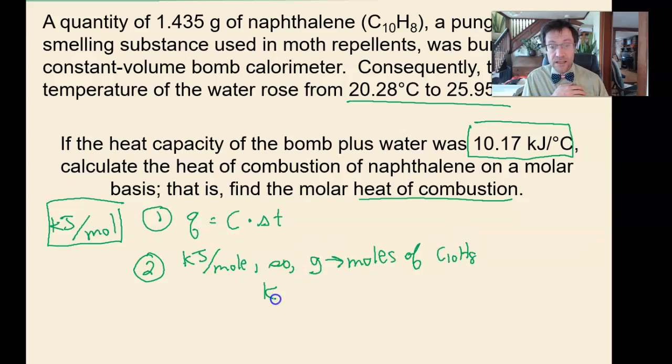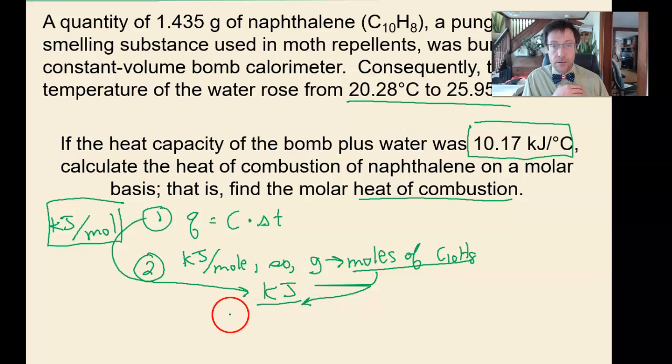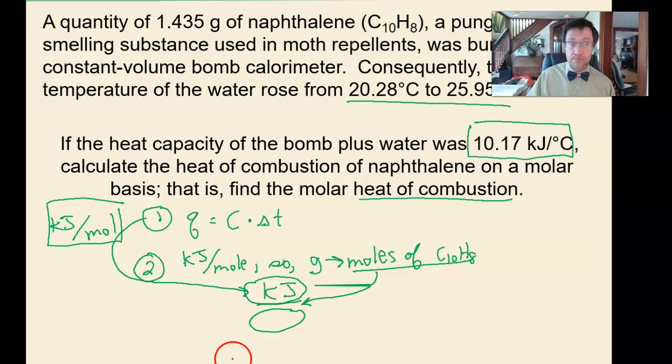Then I will put my kilojoules up here that I got from step number 1, and then I will put my moles of naphthalene down here. And it's going to be spectacular. And that will give me the kilojoules of energy that were released by however many moles of naphthalene that I've got. Easy peasy lemon squeezy. Sweet. That's how that's going to go.